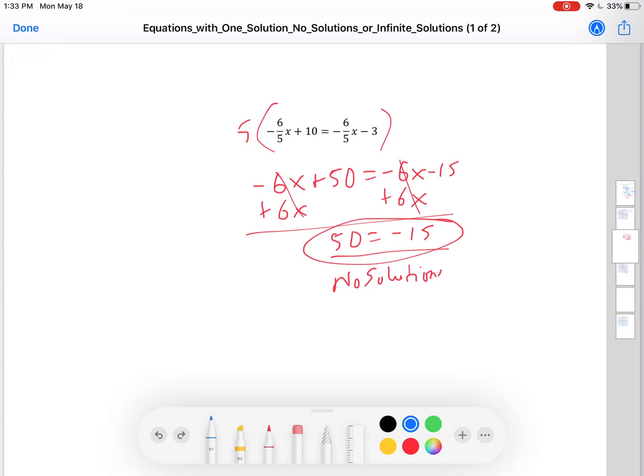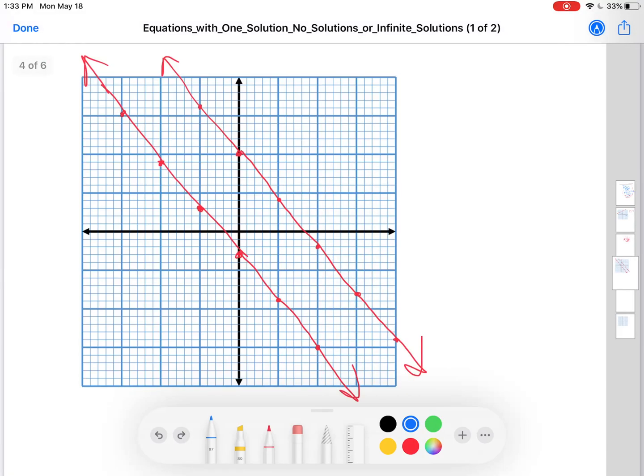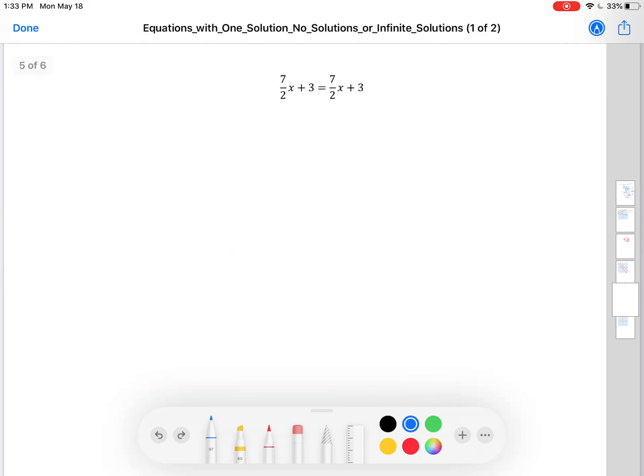But the reason you know it has no solutions is this statement right here. 50 equals negative 15. One number is equal to another number that's not the same. That's why we know it has no solutions. It looks like this in the graph because they're parallel. They have no point of intersection.